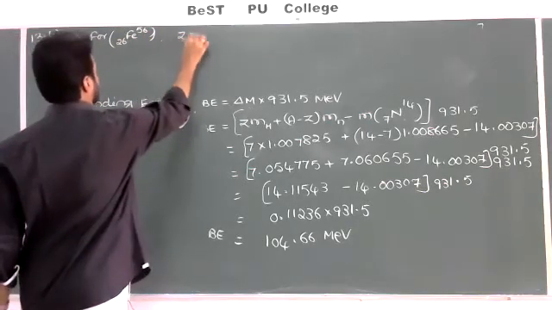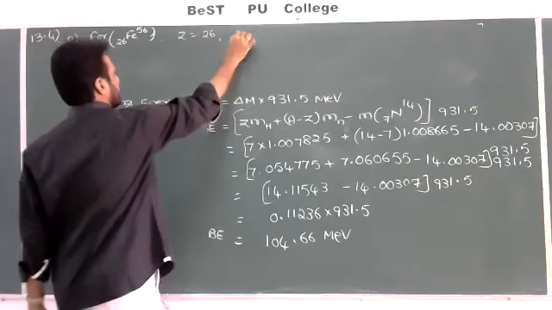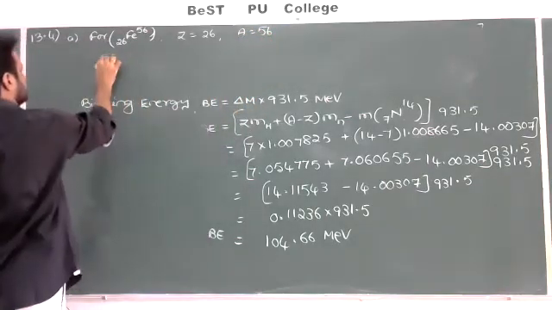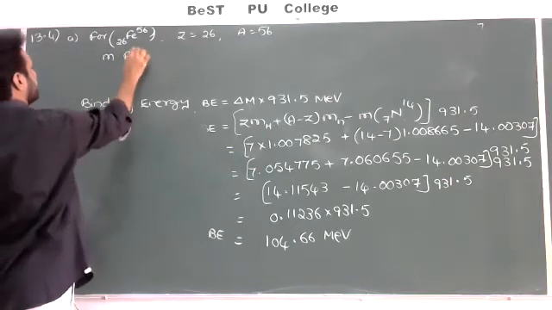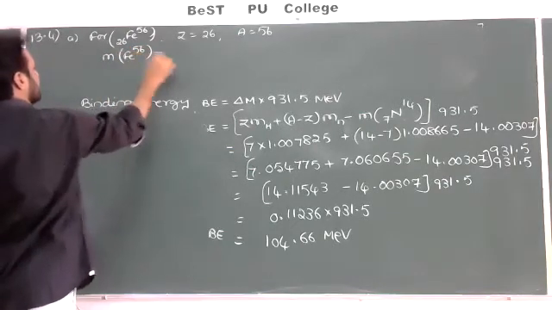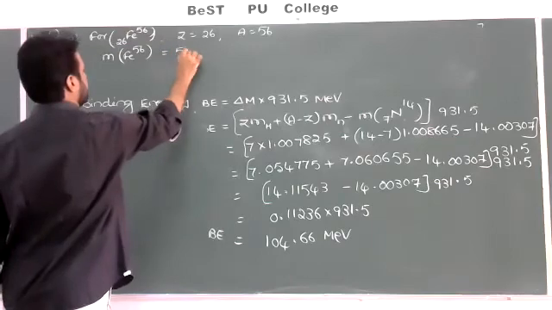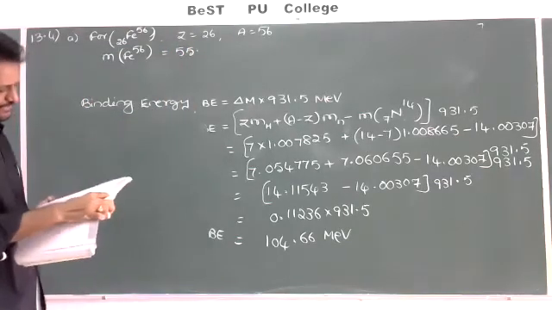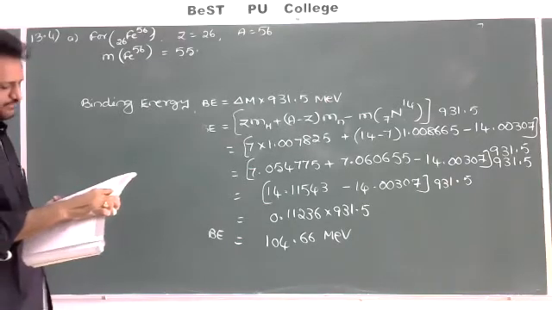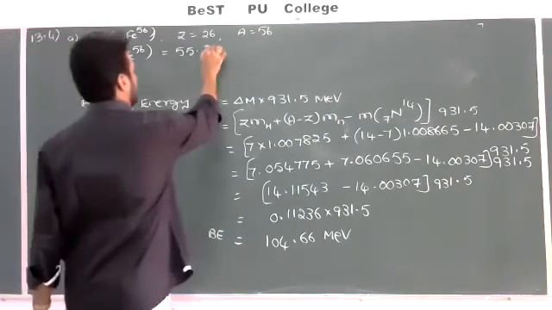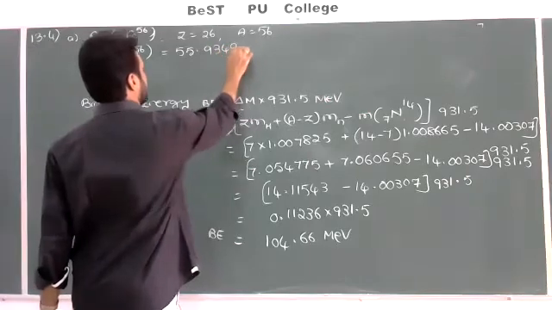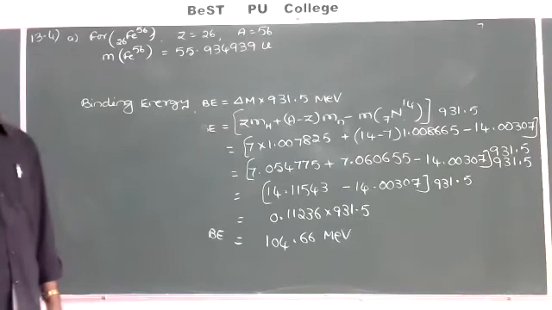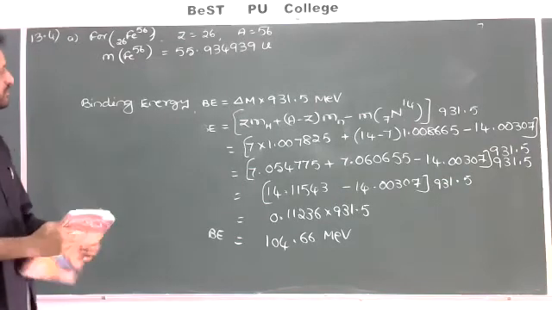Z is equal to 26, A is equal to 56, and the mass of Fe 56 is equal to 55.934939 U. That is the only data given. The second question we will calculate later, after completion of this one. First you have to do this one.